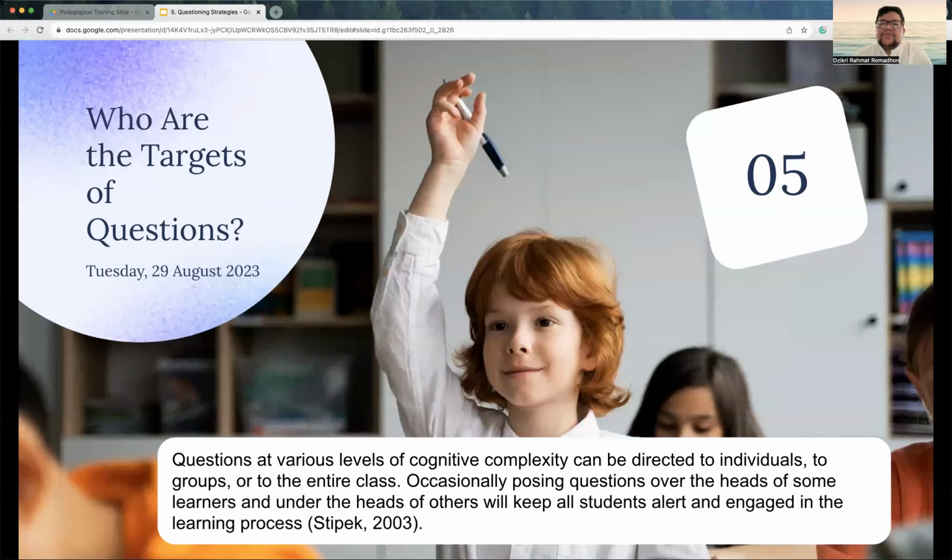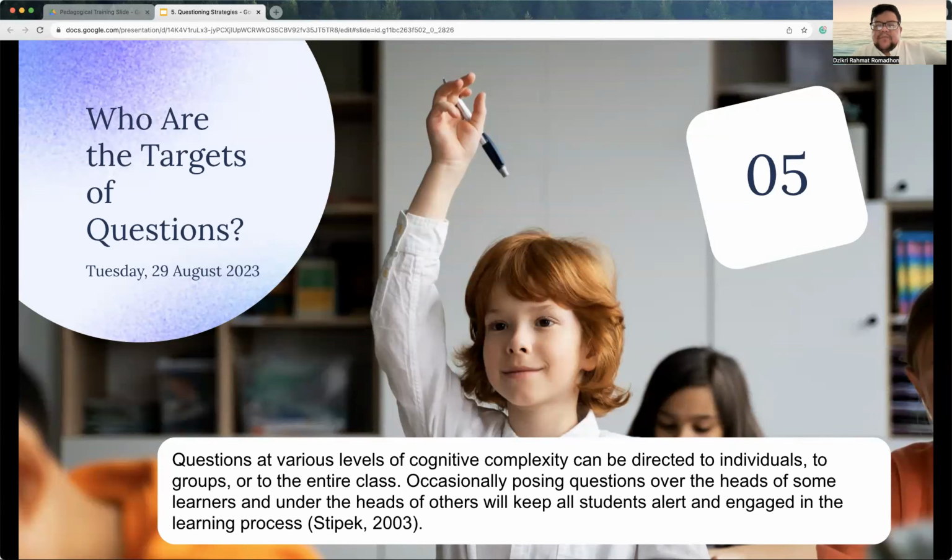Now we continue to the next subtopic, which is discussing who the targets of questions are. The questions can be directed to individuals, groups, or the entire class.